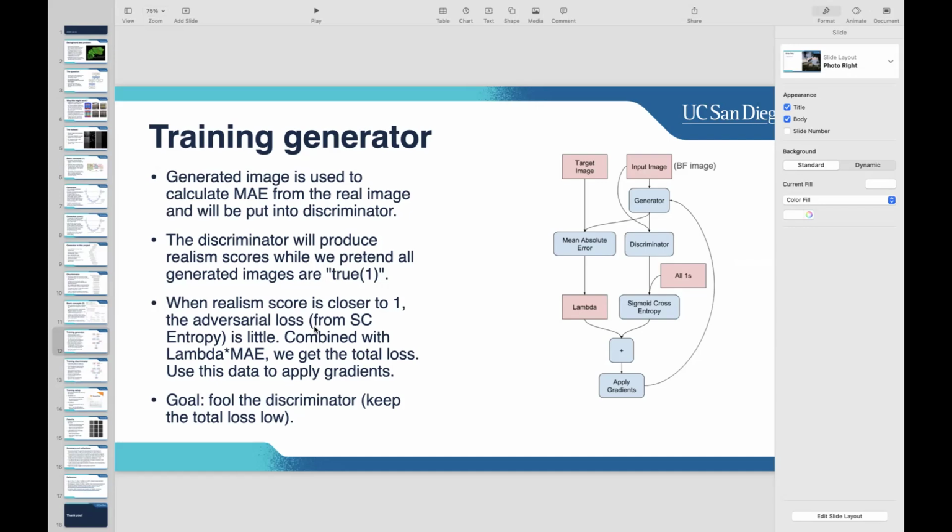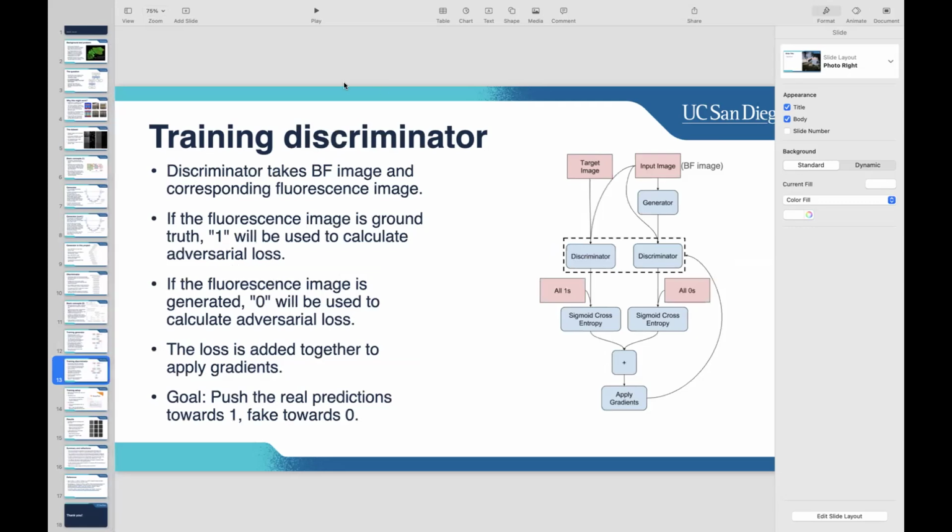That combines with lambda times MAE, as I mentioned earlier, to give the total loss. We can use this to apply the gradients. The goal here is to fool the discriminator, so that it thinks all of your generated images are real. So we have to keep the total loss low.